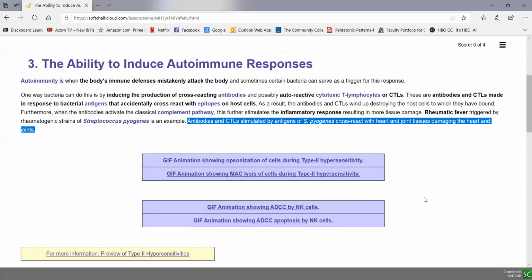Sometimes this type of hypersensitivity is called a type 2 hypersensitivity, but we can get opsonization of the cells, you can get MAC lysis of the cells from the complement pathway, ADCC lysis that we'll learn about later on in the unit. So this is just kind of an immunological mistake where antibodies made against bacterial antigens sometimes cross-react with epitopes on host cells, causing the immune system to attack healthy host tissue.